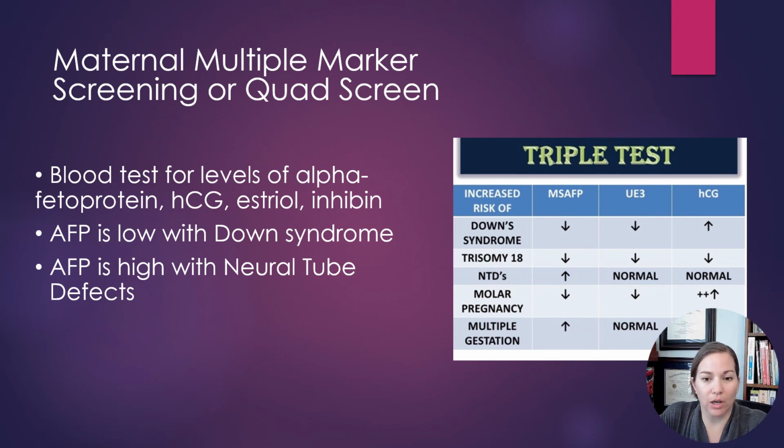The things that we're going to focus on, though, are this AFP column. And as I said in the last slide, AFP is low in Down syndrome and high in neural tube defects. And you can see some of the differences with AFP and HCG specifically, with things like molar pregnancies and multiple gestations and so forth.